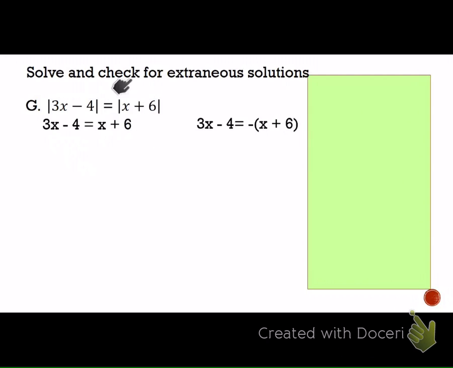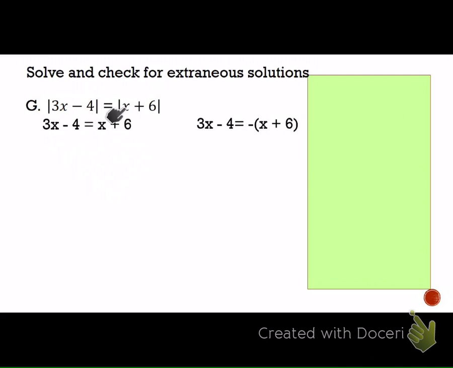Same idea. We just have x's on both sides. We have absolute value on both sides. So we're going to leave the left side alone. Equals the positive, just as you see it, but also the negative. The trick is you can't just make the x negative, and you can't just make the 6 negative. You have to make them both. So that's why we use parentheses.